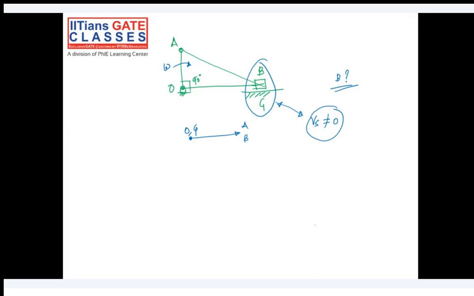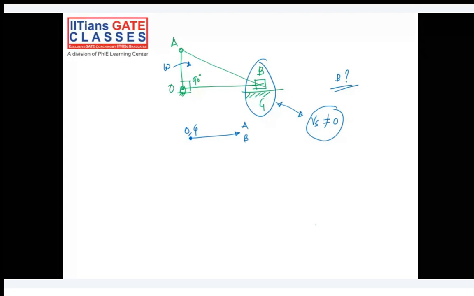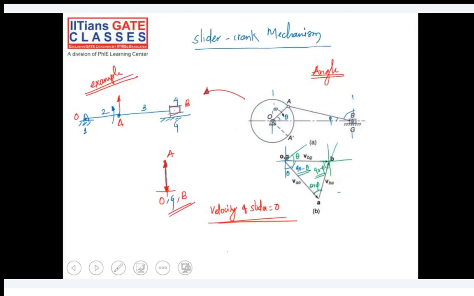Okay. Sir, but B has some relative velocity with respect to A, no, sir? It should be perpendicular, no, sir? No, at this particular moment, B will not have any relative velocity with respect to A. It's like the toggle position, and at this particular moment there will not be velocity in between A and B. You can try to trace through this figure itself.